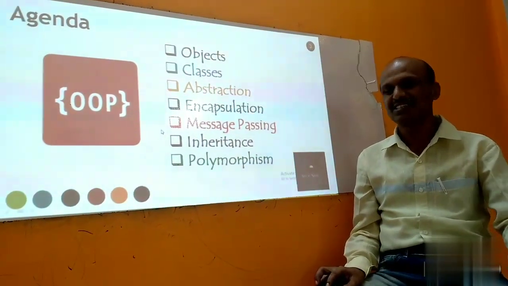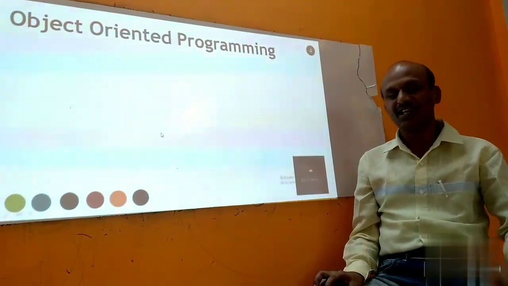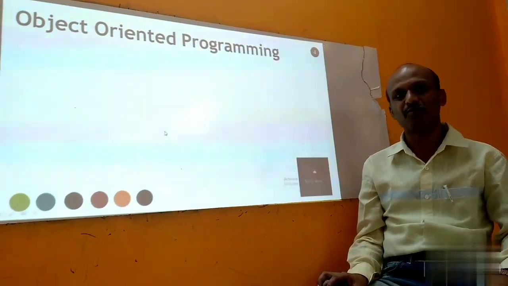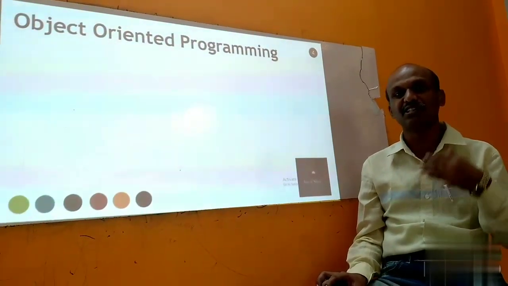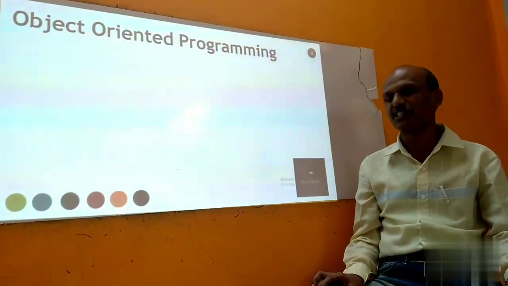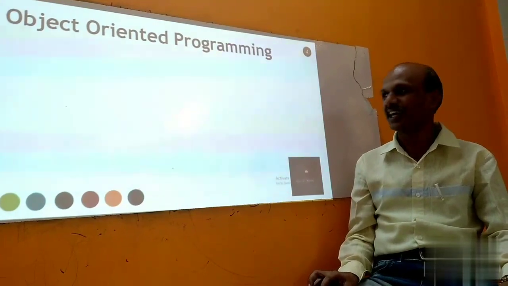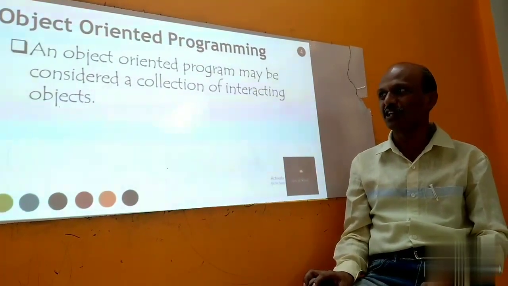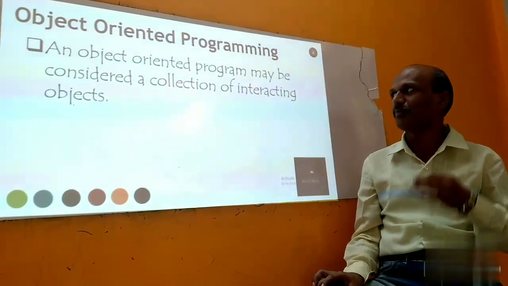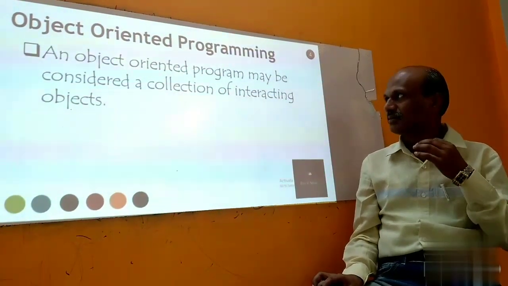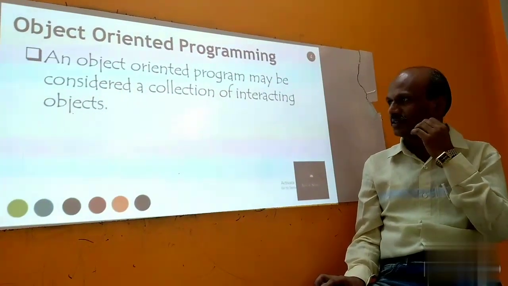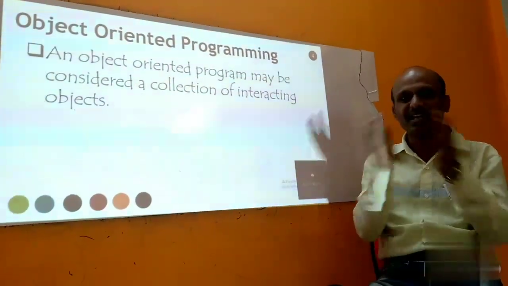So let us start. In the last session we have seen what do you mean by object oriented programming, what are its benefits, what are its advantages, and how it is better than other programming approaches such as procedure oriented. So again I will revise what do you mean by object oriented programming. An object oriented program is considered as a collection of interacting objects.